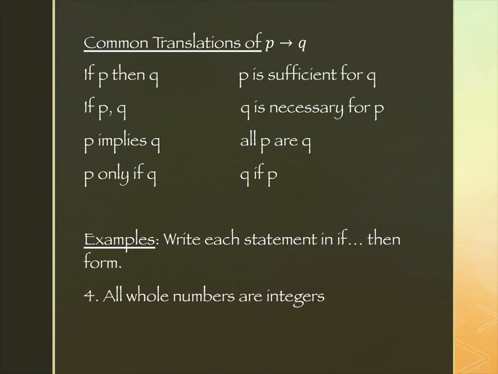So we're going to do 3 examples of statements that do not have our standard if-then form, and we're going to write them in if-then form. Okay, the first one is already similar to one we've done. All whole numbers are integers. You got it.